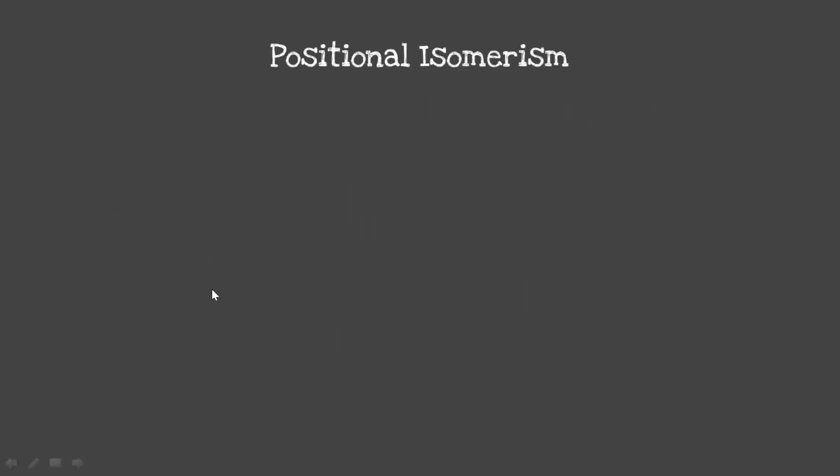Now the next type of isomerism is positional isomerism. The name itself suggests what kind of isomerism it is.